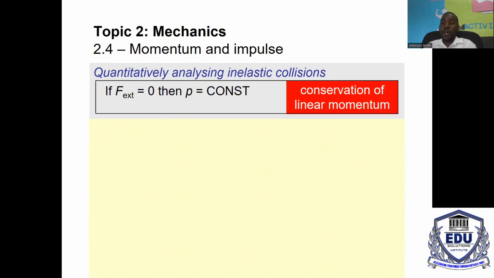To find anything regarding collisions, you have to equate the momentum before to the momentum after. The signs differ depending on the direction of the velocities. If something is going to the right, its velocity is positive. If it's going to the left, the velocity is negative. If it's going up, the velocity is positive, and if it's going down, the velocity becomes negative.